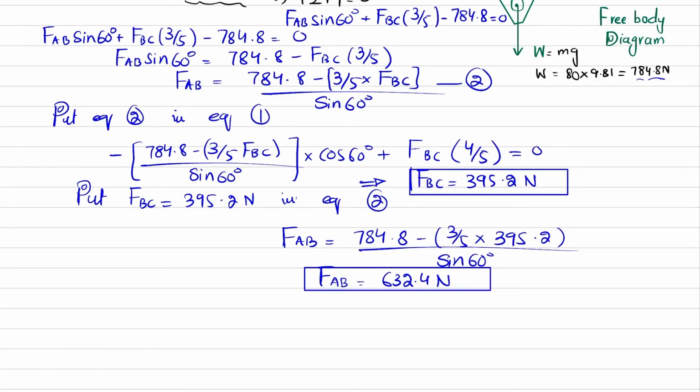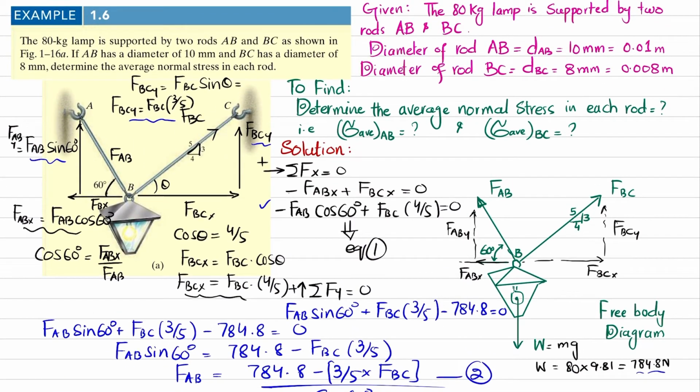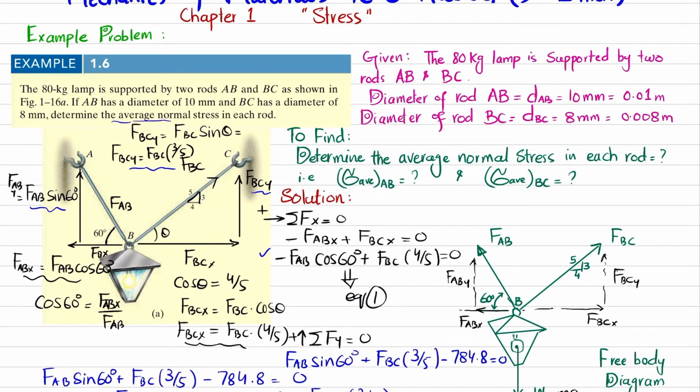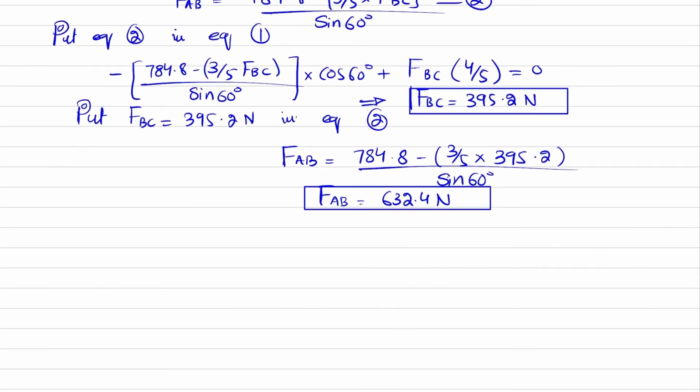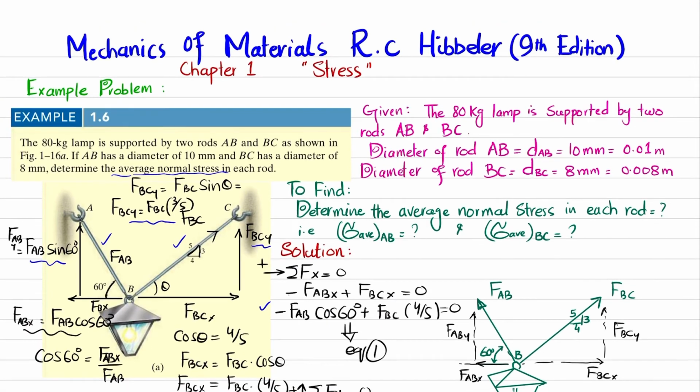So we will go towards the average normal stress in each rod. Since rod AB and BC both are in tension, so we will find for rod AB. Average normal stress in rod AB will be equal to force in rod AB divided by area of AB. So force in rod AB is 632.4 Newton and diameter of rod AB is given as 0.01 meter.